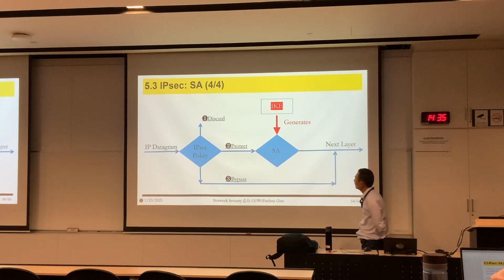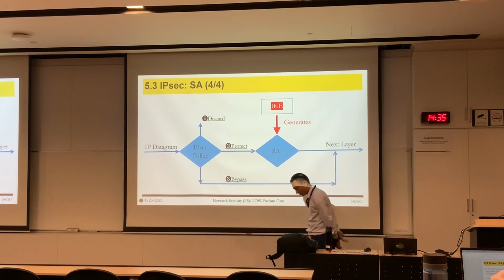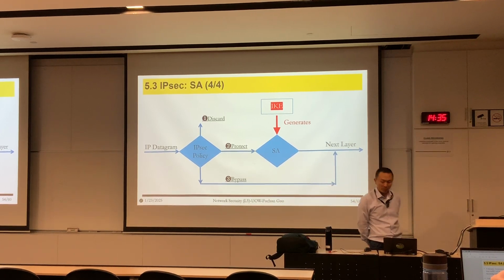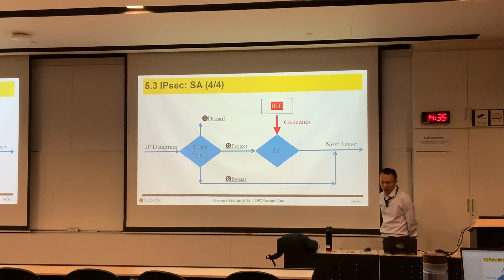So now I have introduced the SA, right? And also what the policy is. Now we will go to the IKE. IKE will be the last part that we should learn in this subject.